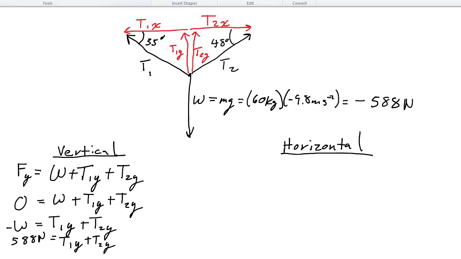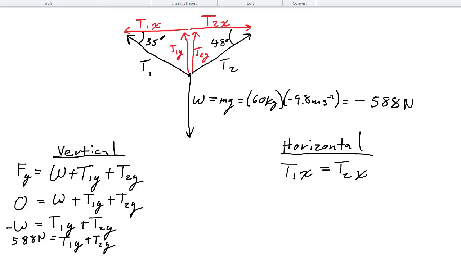And I know that the magnitude of these two tensions has to equal each other because this point is in translational equilibrium. So I'm going to say that the magnitude of T1x is equal to T2x. I'm skipping over some steps and I'm saying magnitude because I don't want to have negative values.